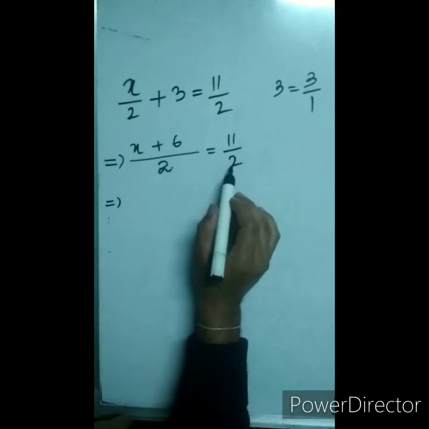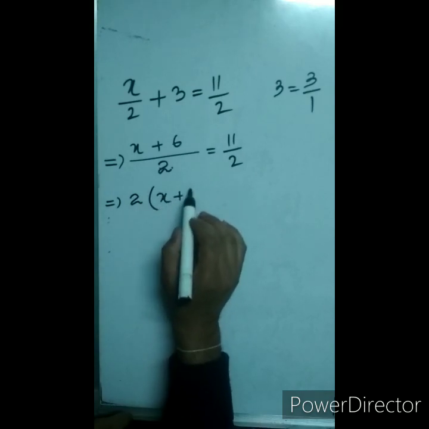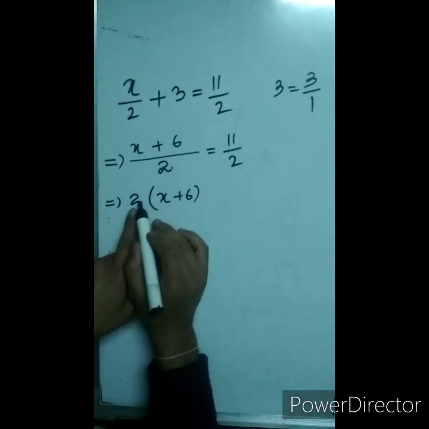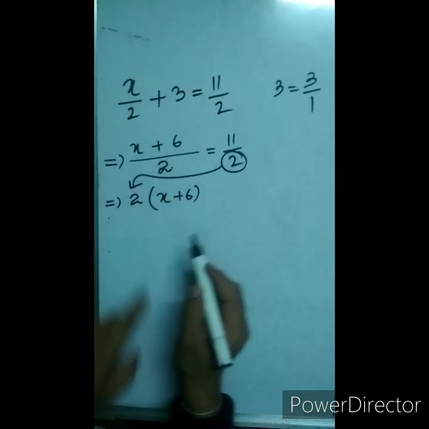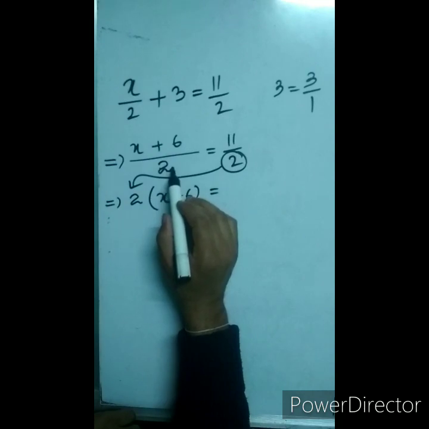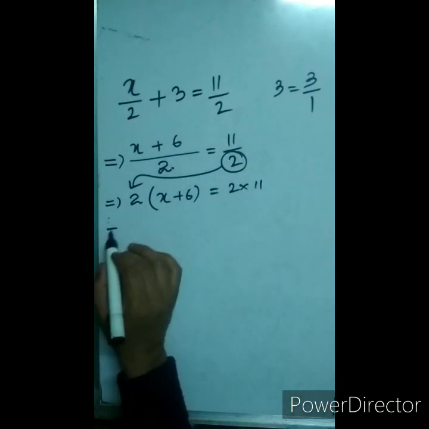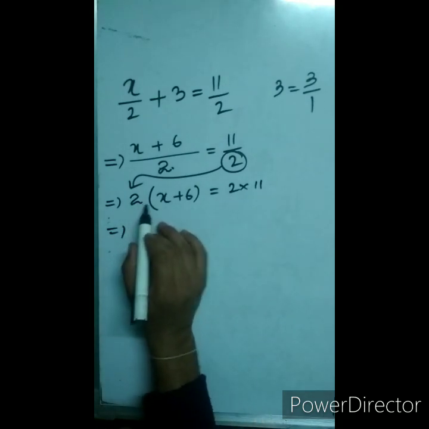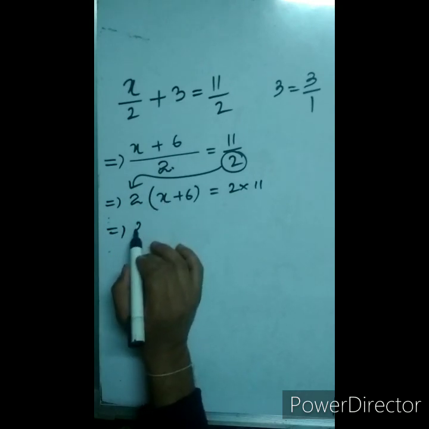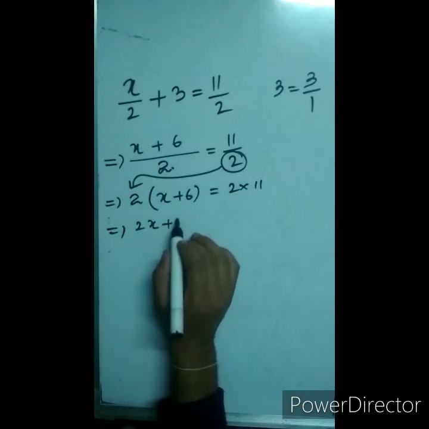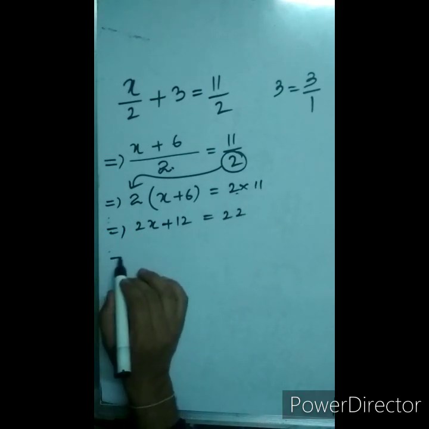So now these 2 will multiply to x plus 6, and then this 2 will multiply with 11. So 2 into 11. So now we will multiply this binomial x plus 6 by 2. 2 into x, 2x. 2 into 6, 12. 2 into 11, 22.